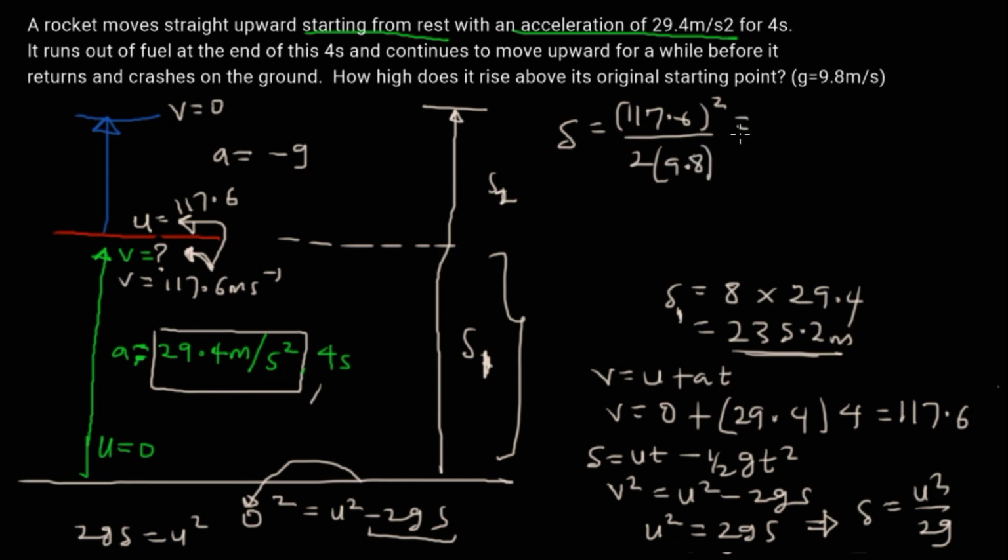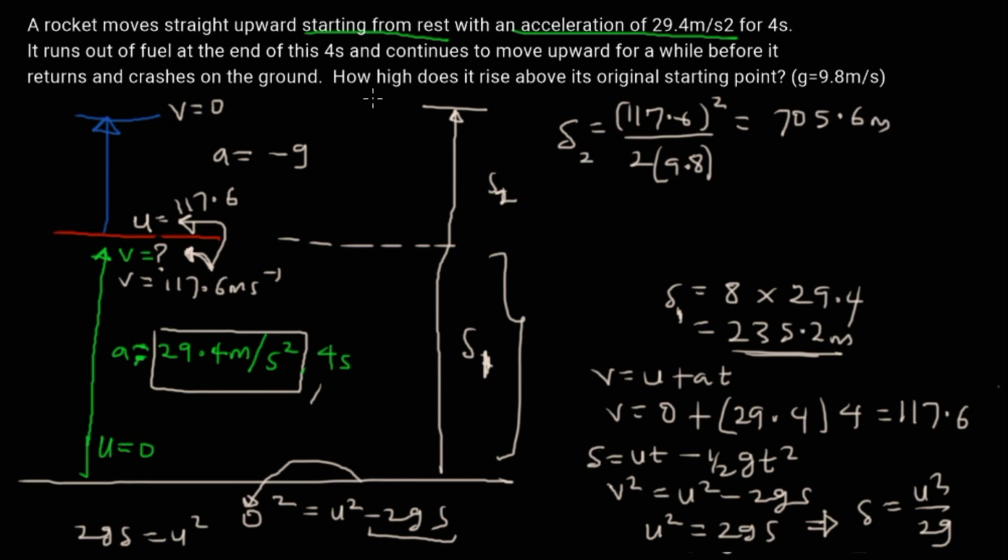So 117.6 squared divided by 2 times 9.8 gives us 705.6, which is of course S2, and is in meters.